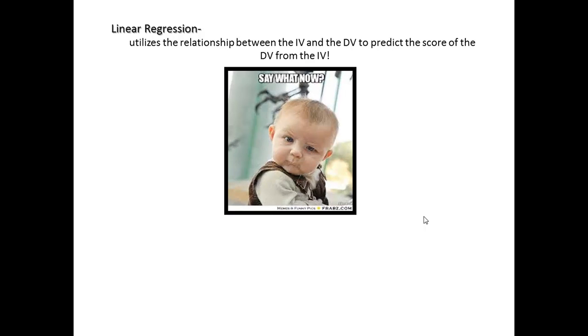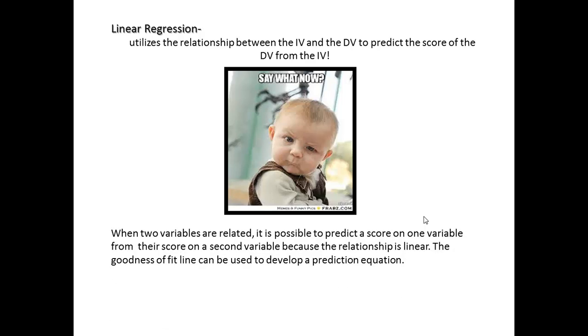Let's say that again a little more slowly. When two variables are related, it's possible to predict a score on one variable from their score on a second variable because the relationship is linear. The goodness of fit line that we saw in this presentation can be used to develop a prediction equation.